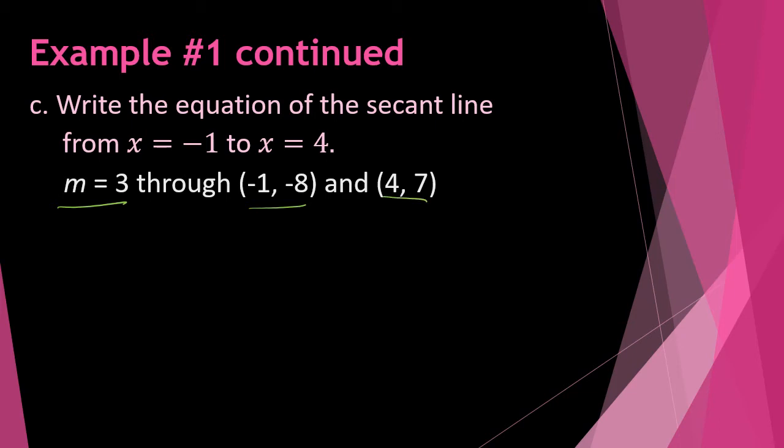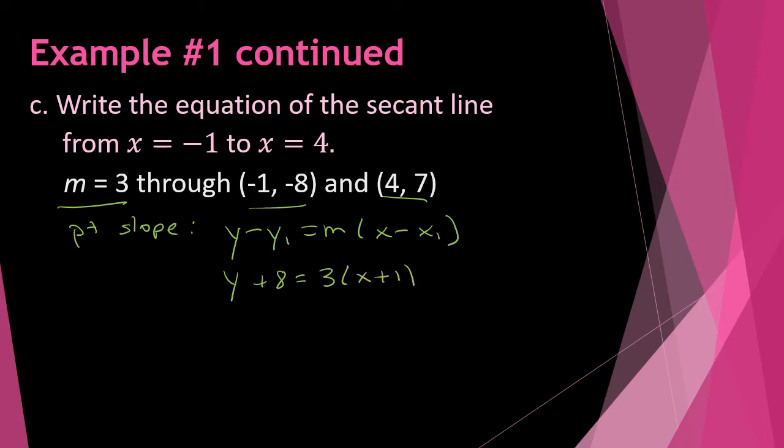Remember, if we have a point and a slope, we write it in point-slope form: y minus y1 equals slope times x minus x1, and you should have that formula engraved in your brain. It does not matter which point I use, so I'm just going to use the first one. So you have y plus 8 equals your slope times x plus 1.